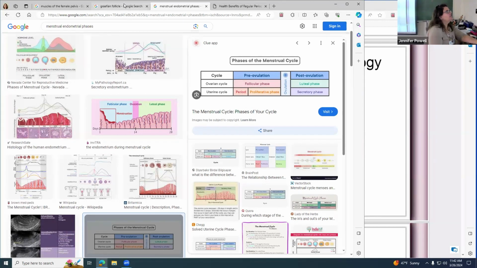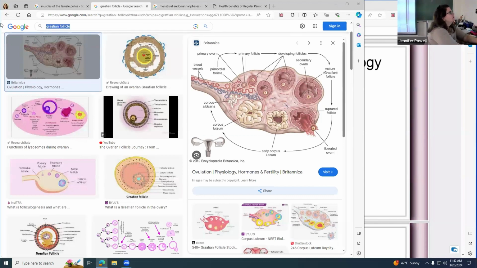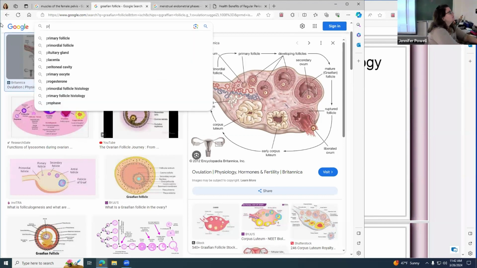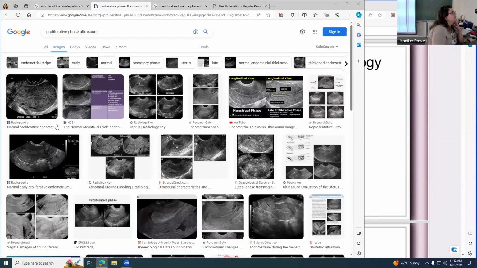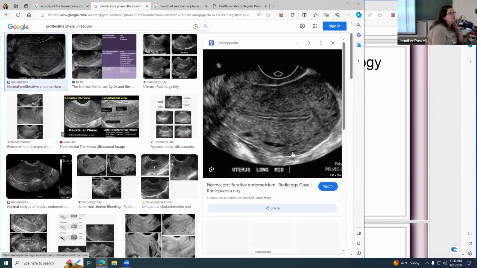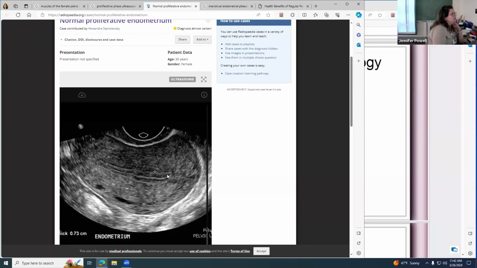And so for looking at it from an ultrasound standpoint, remember you had the 3-line sign. So this here is early proliferative, I believe.